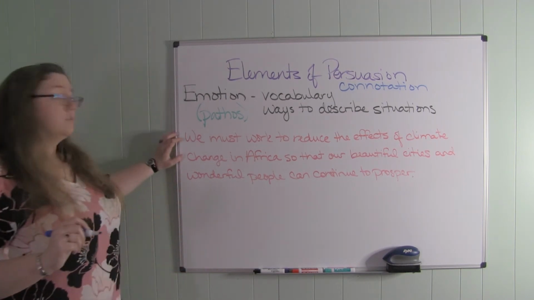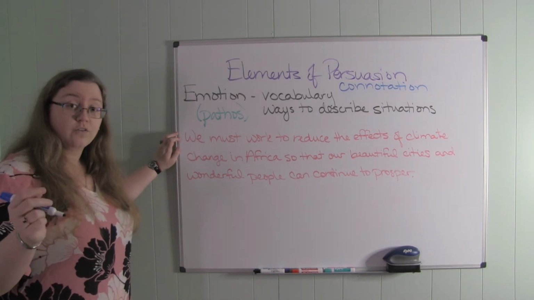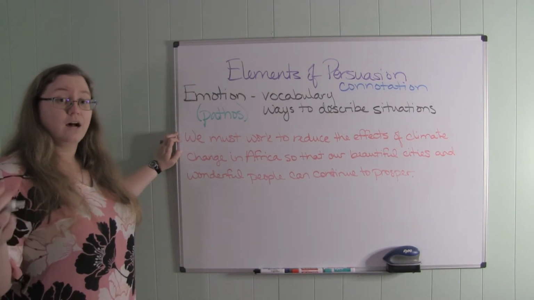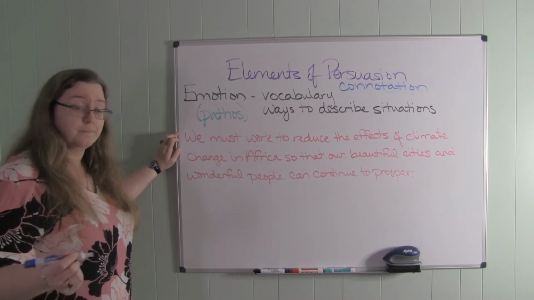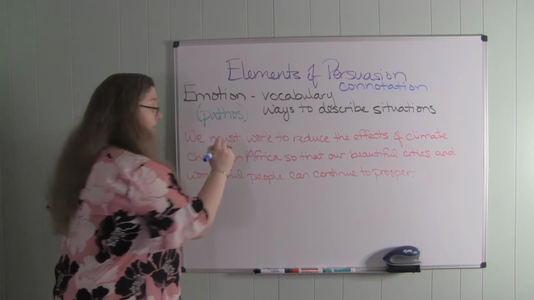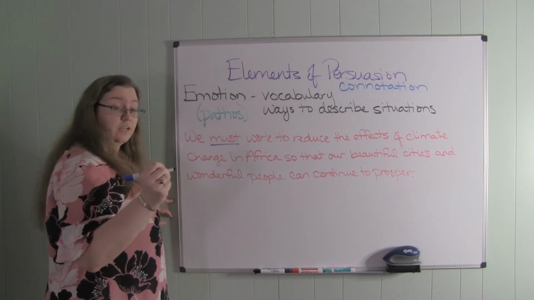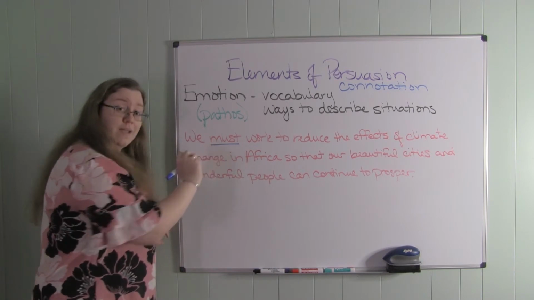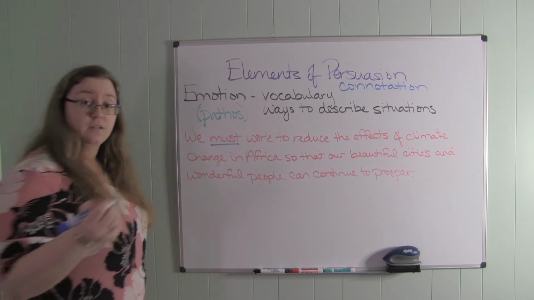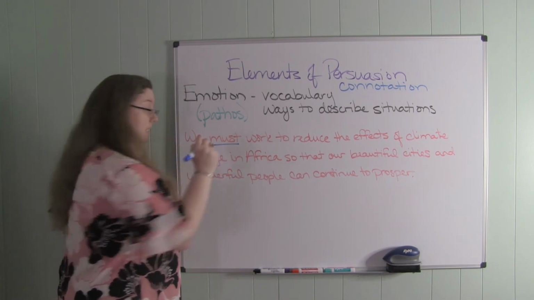Now, as we read through this sentence, we want to look for specific words that give us an idea of a positive or negative meaning. As we read through, our second word, we have the modal must, which we looked at earlier in the course. You may remember that must is a modal of obligation with a very strong meaning.